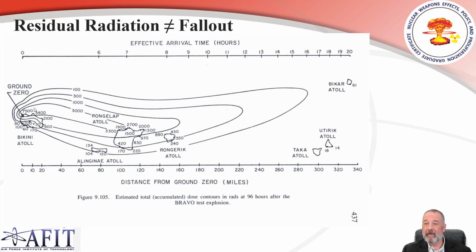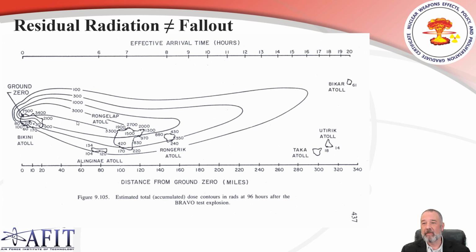So we can see that on the island of Bikini, we have a highest point right here at ground zero. Our second highest point is just slightly past that at 3,400. But then as we look to the areas where perhaps the wind wasn't moving the cloud or the wind was pushing in an opposite direction, we see a very rapid fall off here towards the southern end of that island.